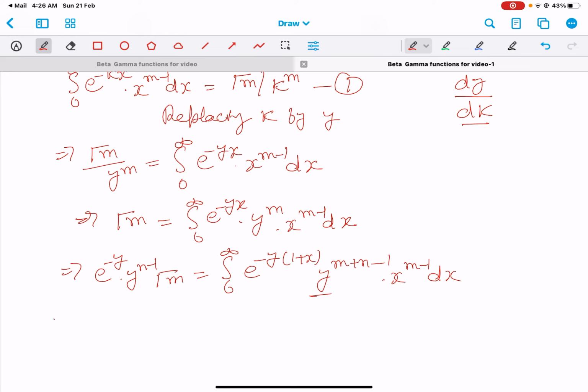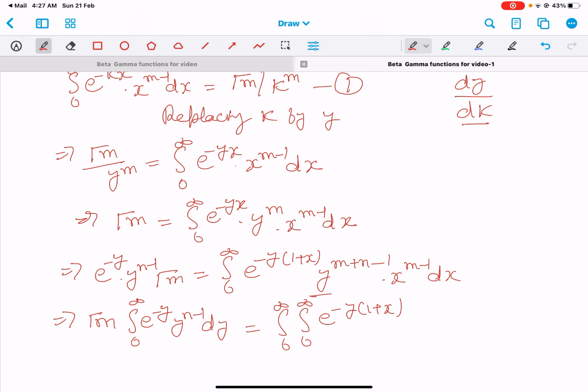So this implies that gamma n I may take out, and now I am integrating both sides with respect to y within the limit 0 to infinity. So gamma m into integral 0 to infinity e to the power minus y, y to the power n minus 1 dy is given by the double integral 0 to infinity e to the power minus y(1 plus x) y to the power m plus n minus 1 x to the power m minus 1 dx dy.